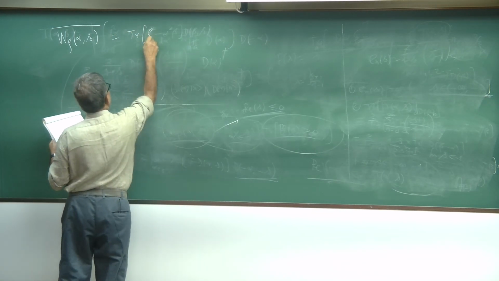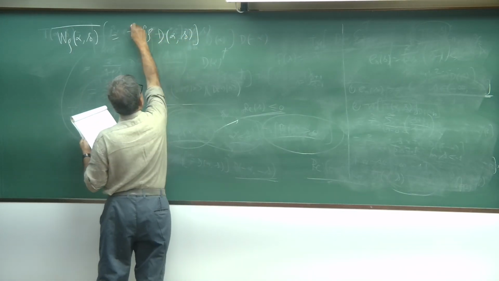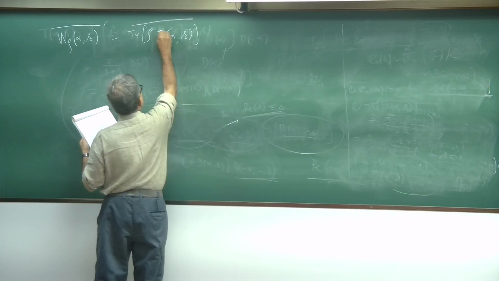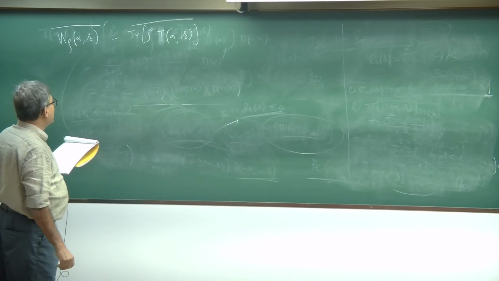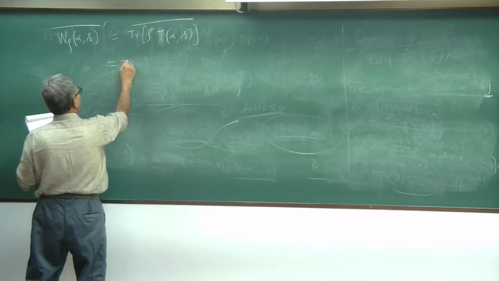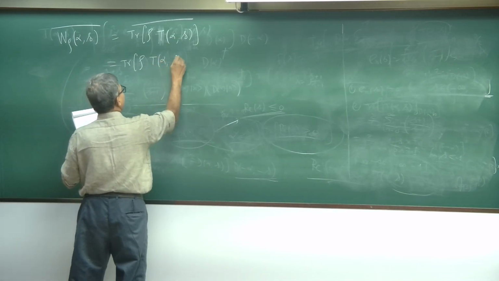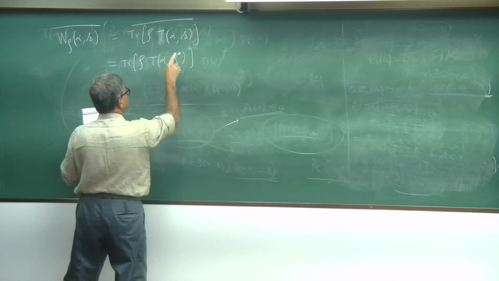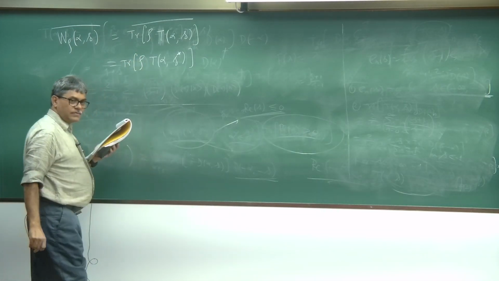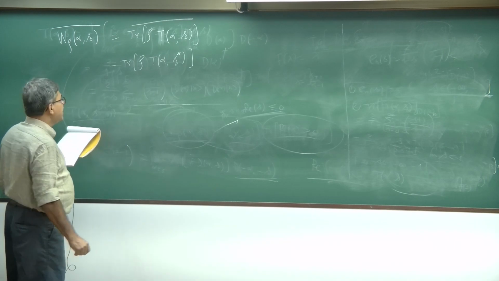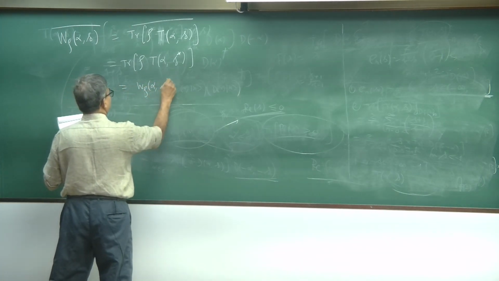This is trace of rho T of alpha s, right? And this is trace of rho T of alpha s dagger. If you recall the definition of T of alpha s, and because rho dagger is rho, this is W rho of alpha s star.